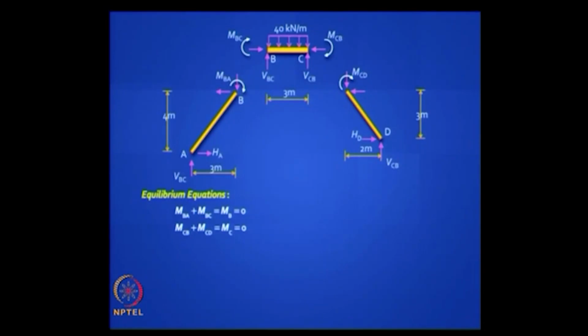They will look like this. You have MBA, MBC, MCB, MCD, and you have 4 slope deflection equations for them. Right? Now, earlier in the portal frames, when we wrote HA plus HD equal to 0, the HA involved only the end moments in the column. Right?